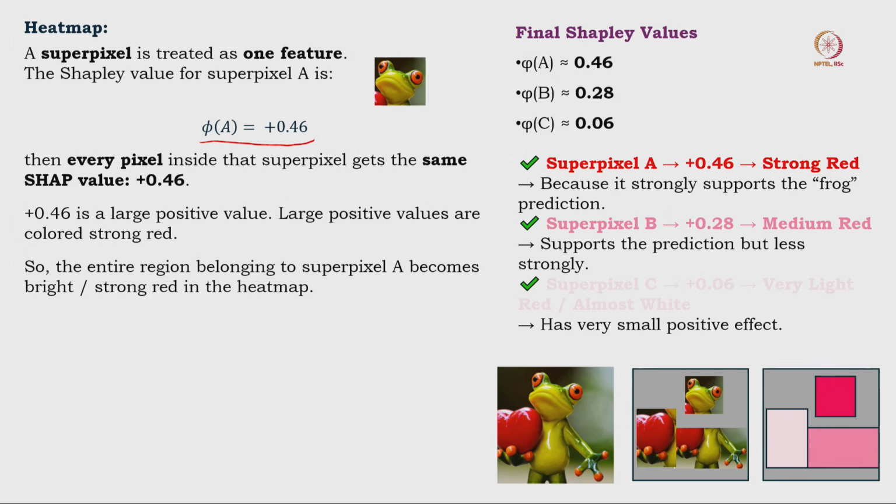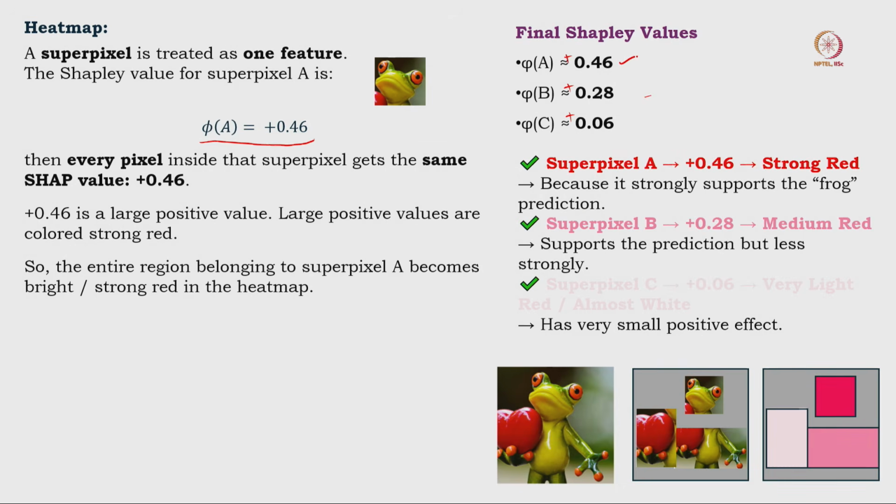Not necessarily every time we get positive values; sometimes for some calculations we may even get a negative also. Where there is a negative, those superpixels are negatively contributing to model prediction. So, that is how we need to interpret here.